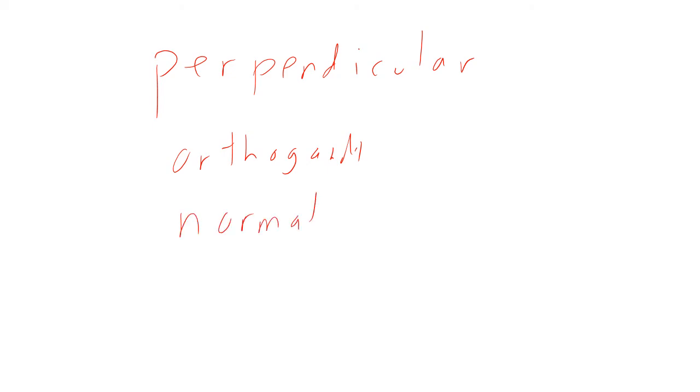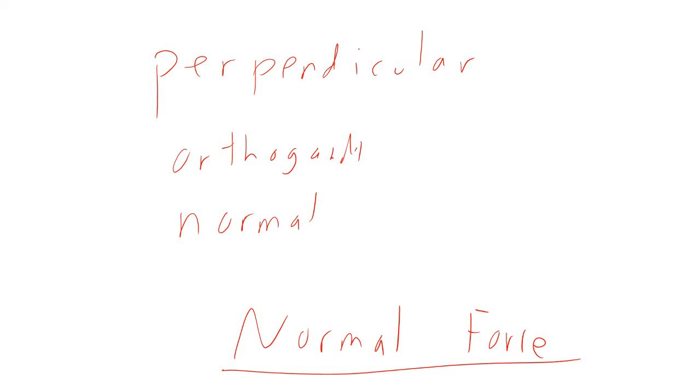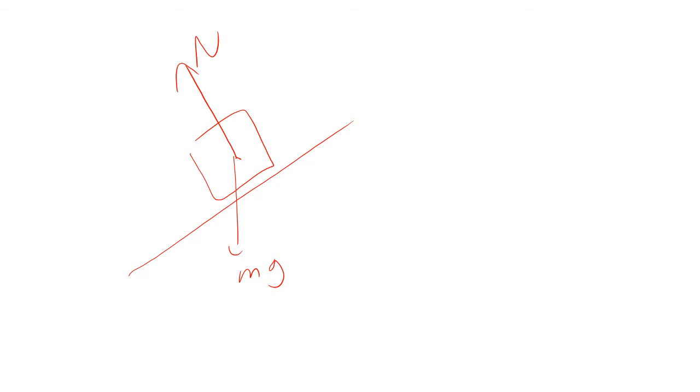So we call this the normal force. That mainly just means it's perpendicular to the surface. So we've got here this incline, and we've got mg pulling down, and we have a normal force pushing like this, so I'll call it F sub n for normal force.